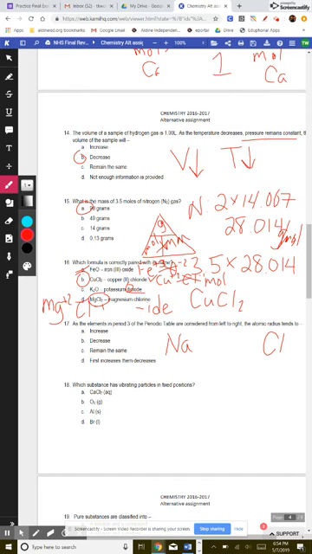Sodium, since it's in group 1, has 1 valence electron. Chlorine is in group 17. It has 7 valence electrons. Okay? And you have to remember, in order to understand atomic radius, that sodium, if it has 1 valence electron, it sends it out, so the radius is larger. Whereas chlorine says, hey, we only need 1 more to be stable.